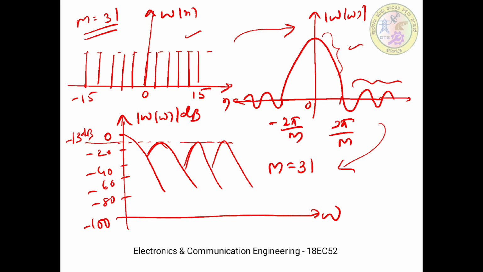These are the characteristics of the rectangular window function. This is going to further decide the nature of h of n. In fact we have a relation here: the width of the main lobe is equal to the transition width of the desired FIR filter.